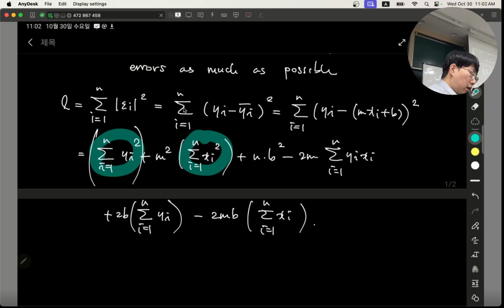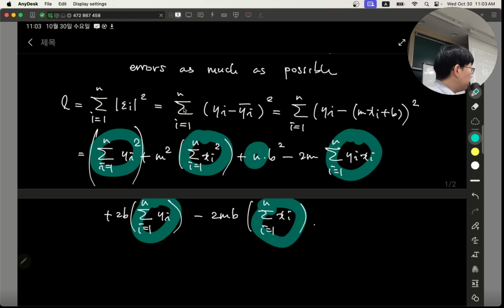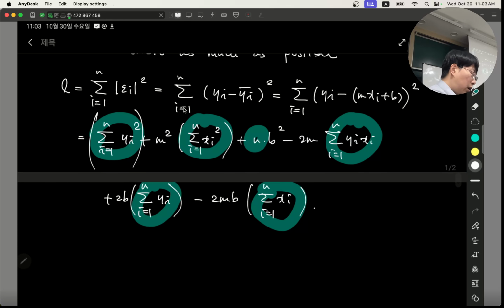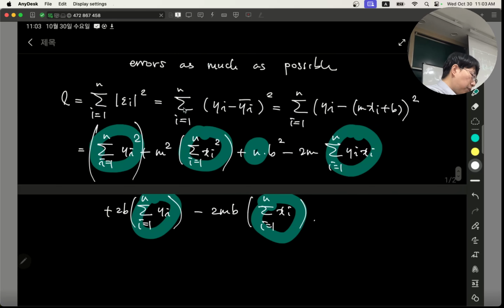Where are the constants? n is constant, and this one is constant, this one, and this one. These are all constants, so I can replace them with some other symbols, let's say a to f here. So it's a plus b times m squared.